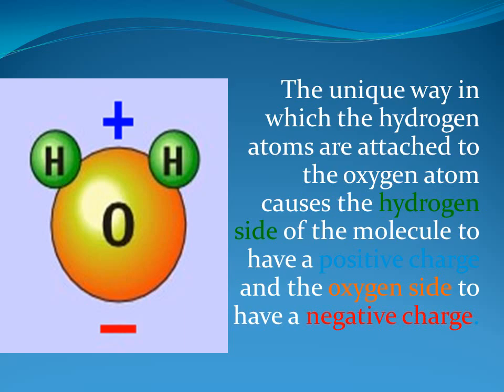As stated, the unique way in which the hydrogen atoms are attached to the oxygen atom causes the hydrogen side of the molecules to have a positive charge and the oxygen side to have a negative charge. Why so?